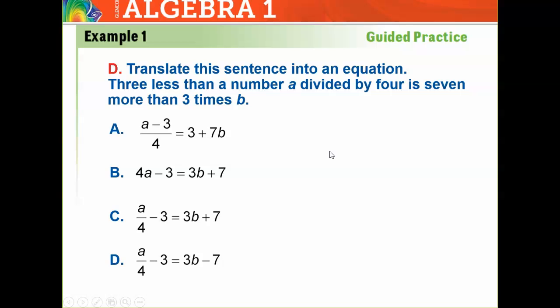Option D. Translate again. We have 3 less than a number divided by 4 is 7 more than 3 times B?